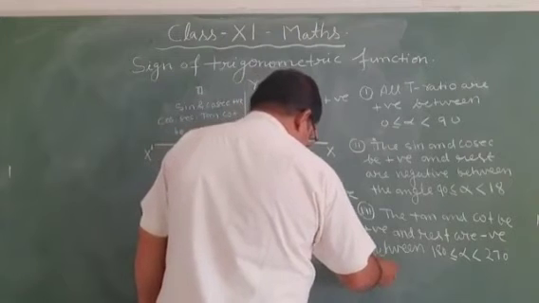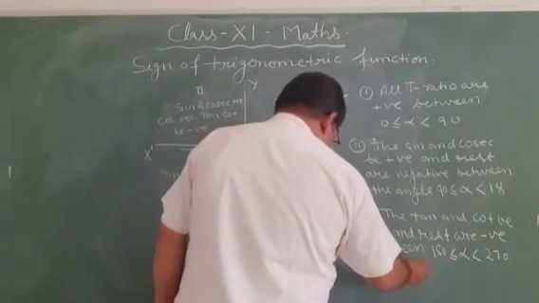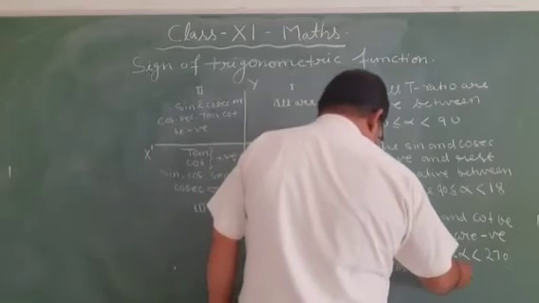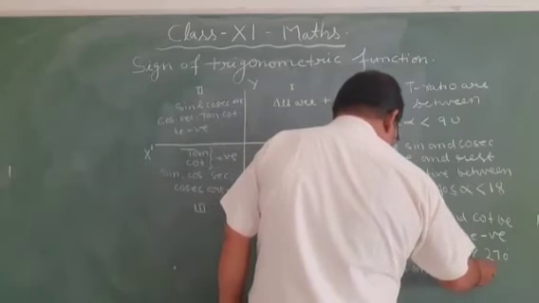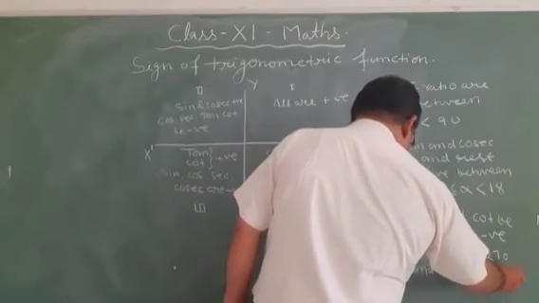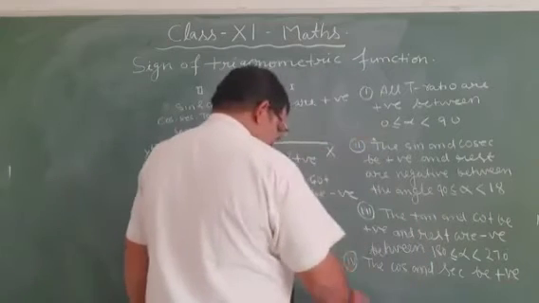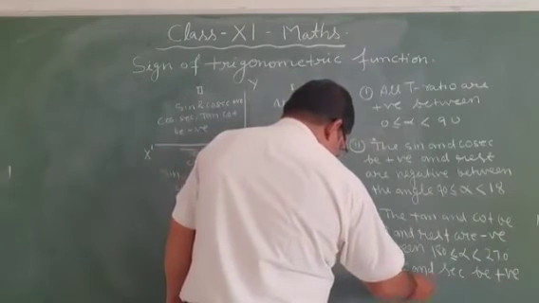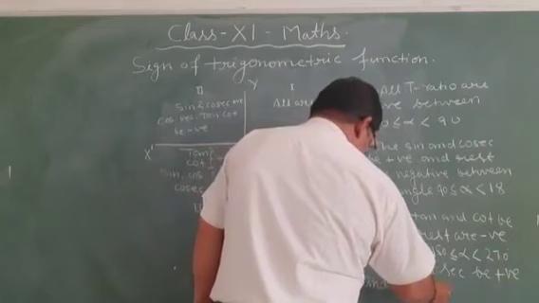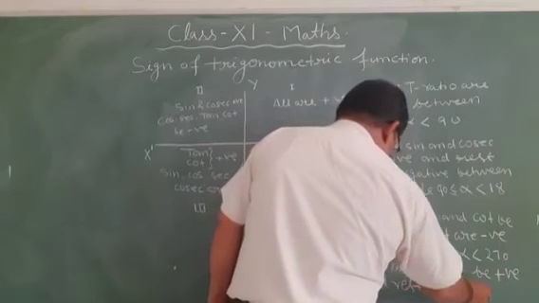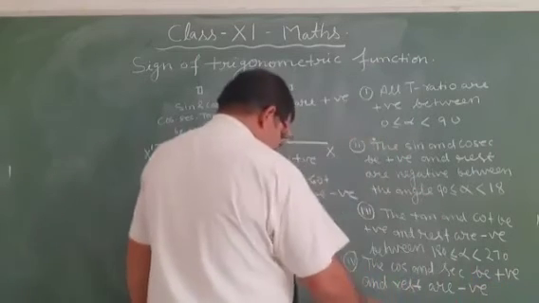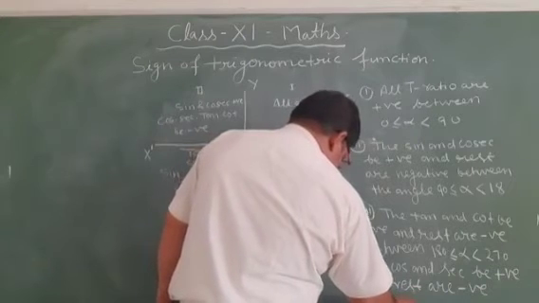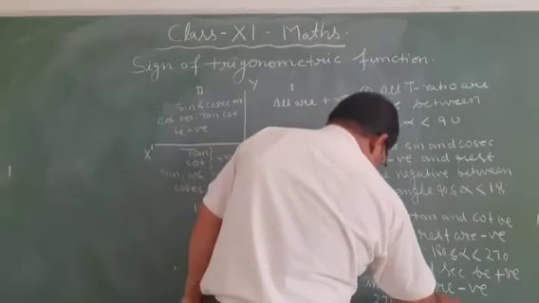So therefore, fourth, the cos and sec be positive, and the rest are negative, between 270 to 360.